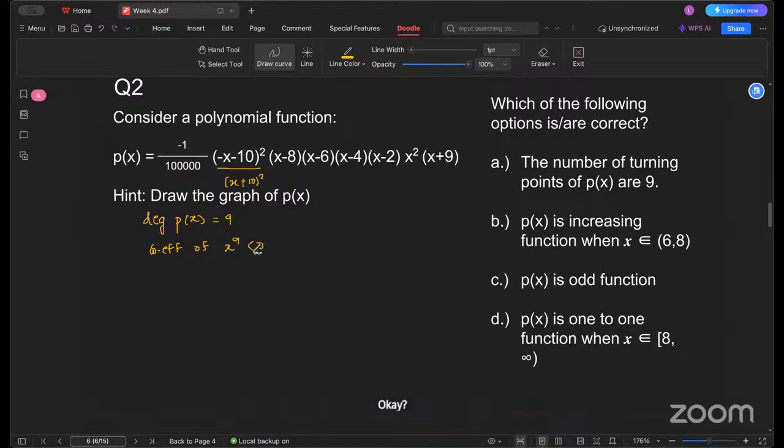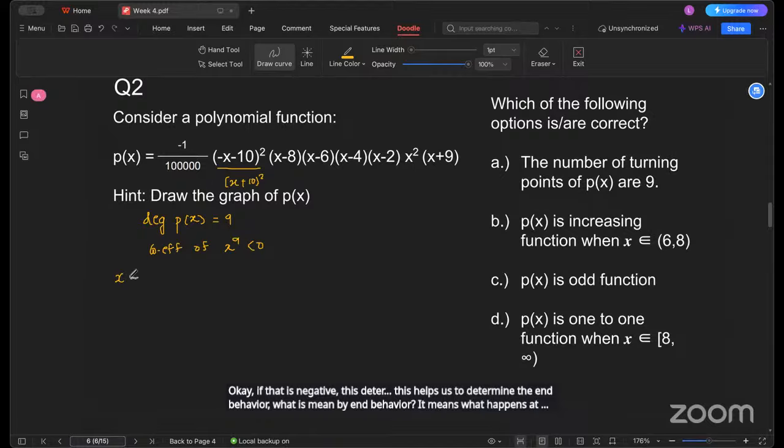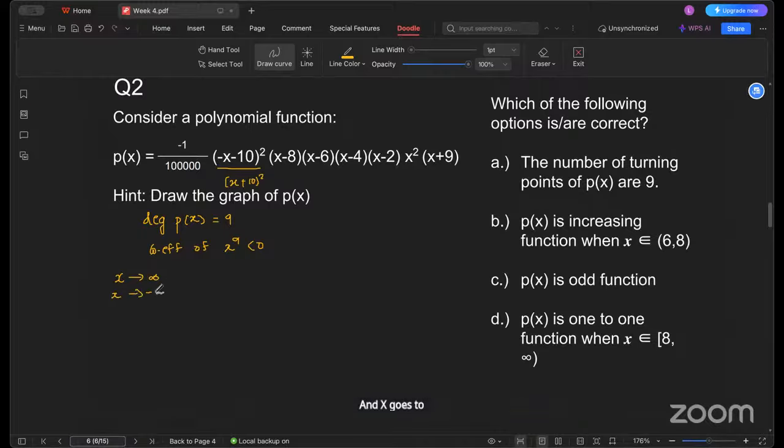If that is negative, this helps us to determine the end behavior. What is meant by end behavior? It means what happens at the ends, like what happens as x goes to infinity and as x goes to minus infinity.